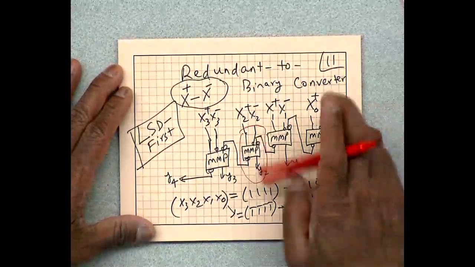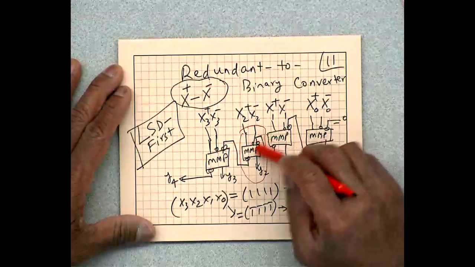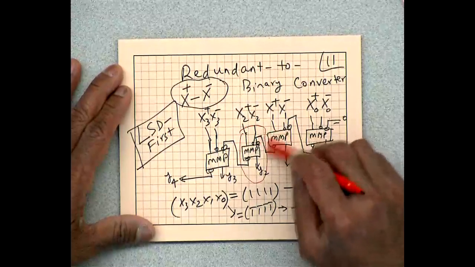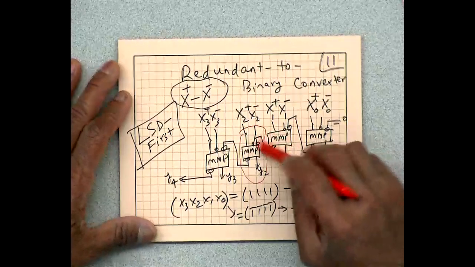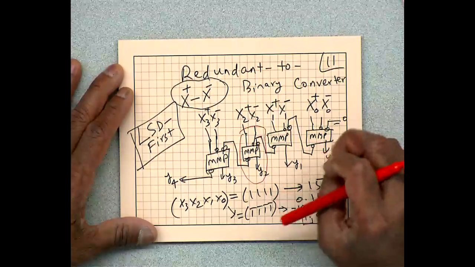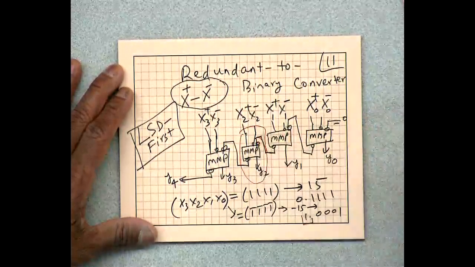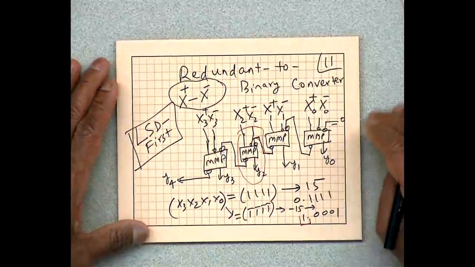That means its arithmetic value is 0 or minus 1. This is a negatively weighted bit, so it's going to be either 0 or 1 bar, which is negative 1. So the carry to this position is not known. That's true. I don't know that carry.